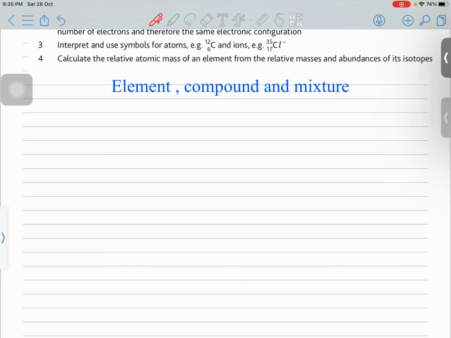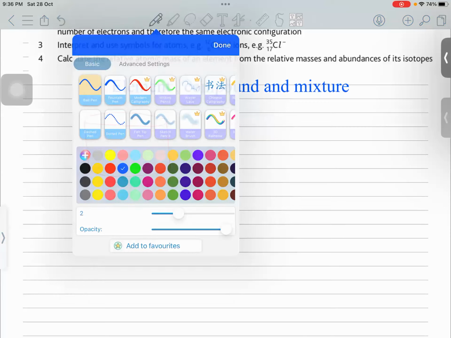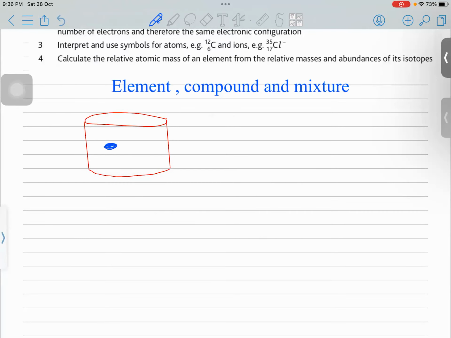Now, first of all, look at the container. This is the container. These are atoms, right? This is atom.